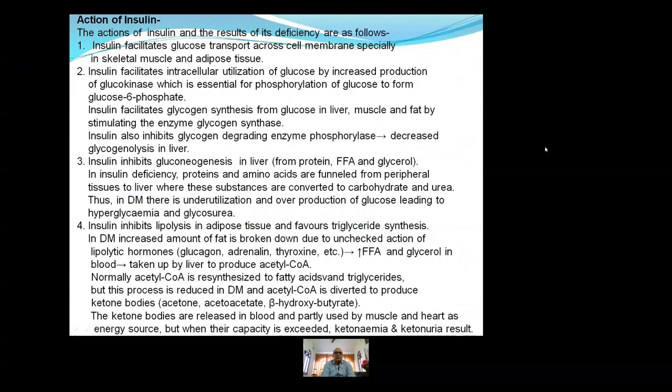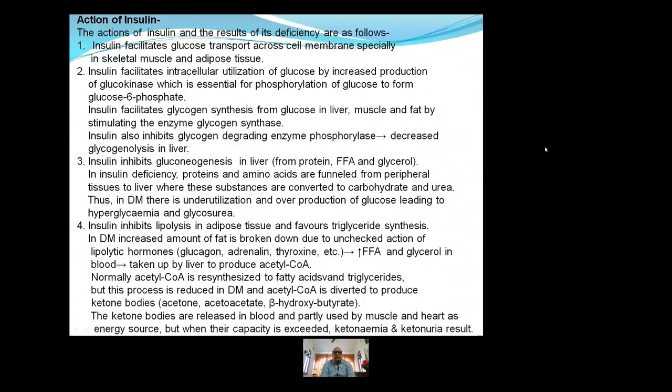Action of insulin. The action of insulin and the result of its deficiency are as follows. First, insulin facilitates glucose transport across the cell membrane, especially in skeletal muscle and adipose tissue.